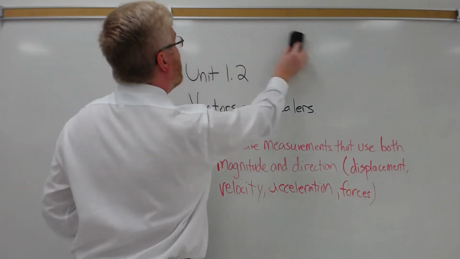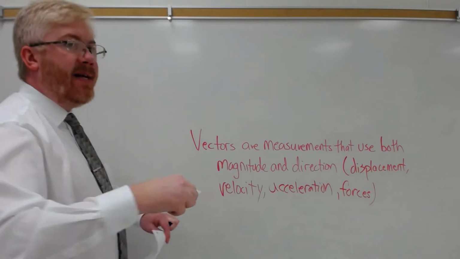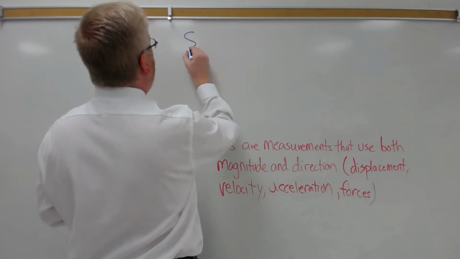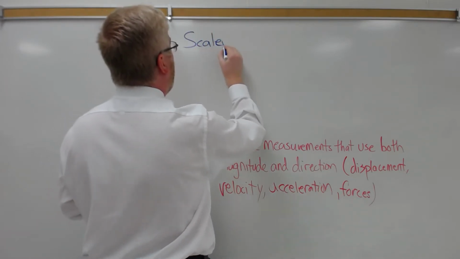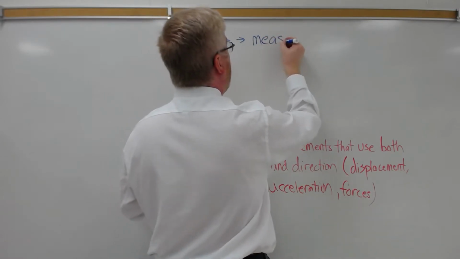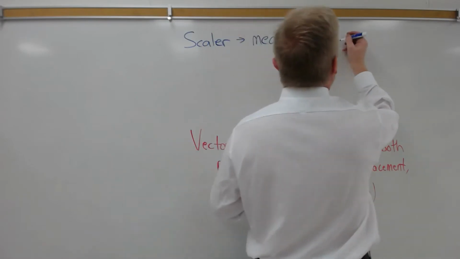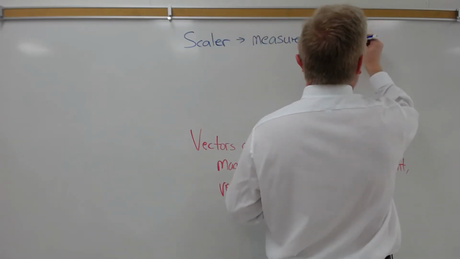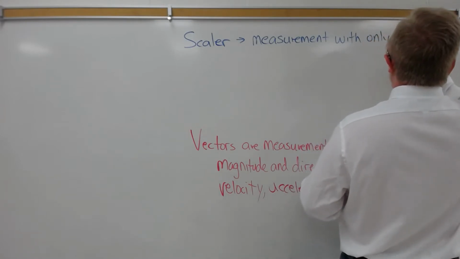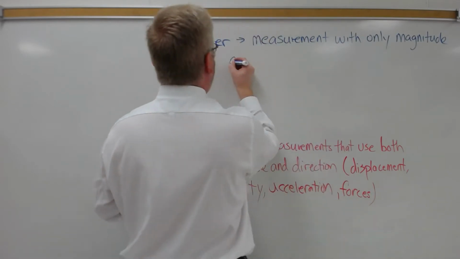Now, vectors are probably most easily understood when we contrast them with the idea of scalars. What is a scalar? This is a measurement or quantity with only magnitude and no direction.